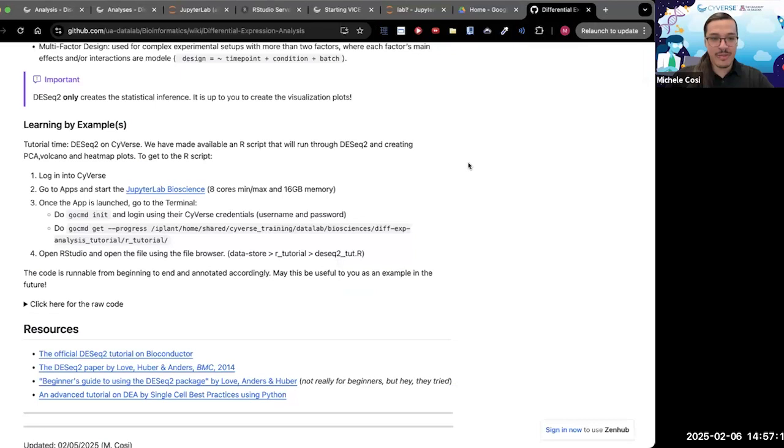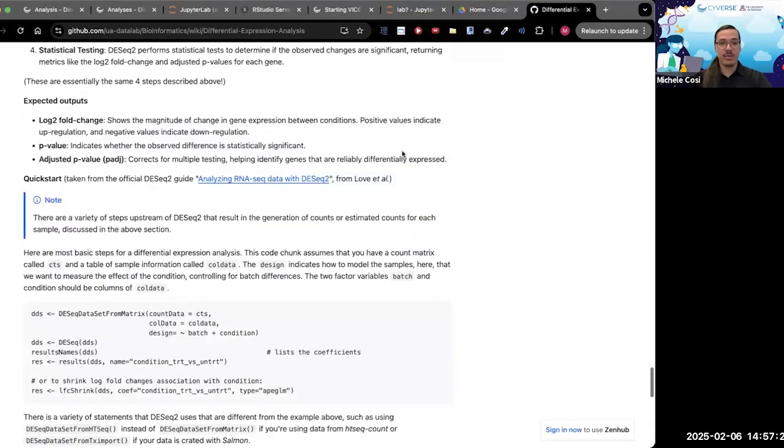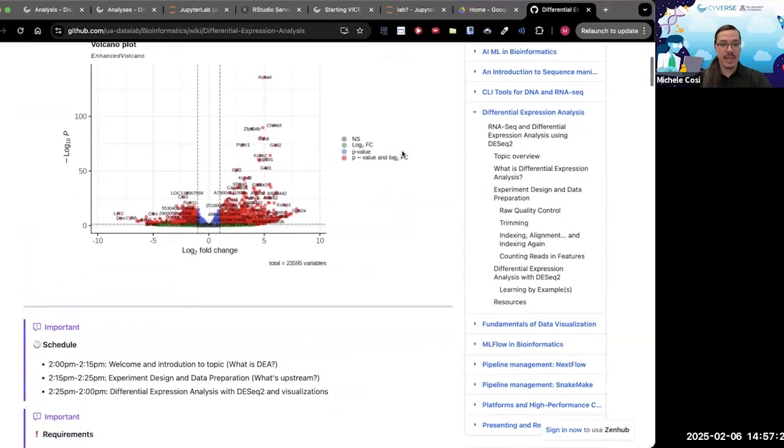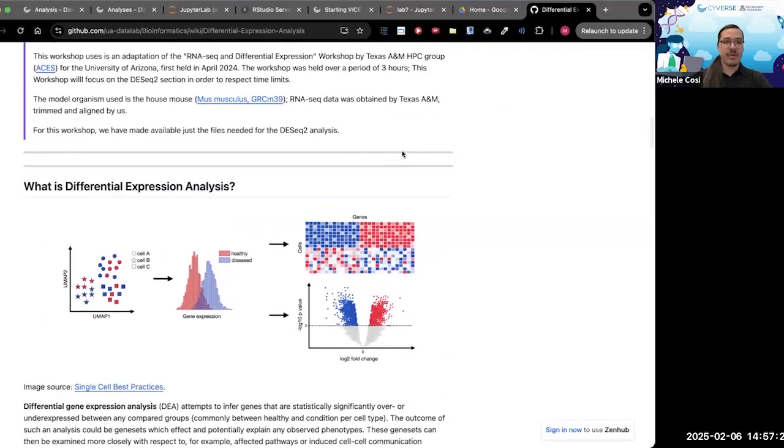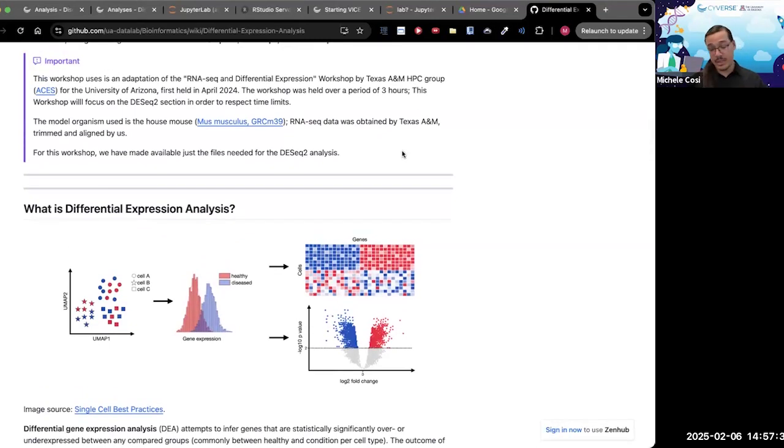So folks, it is 2:57 and we are getting to the very end of the workshop on DESeq2. What we did is we took the data from a treated and a control house mouse experiment, and we were able to prepare it.